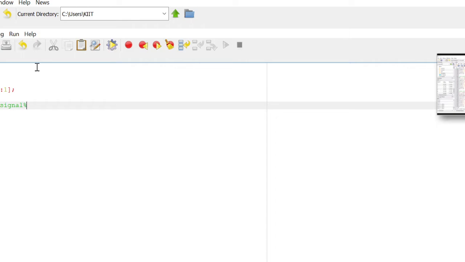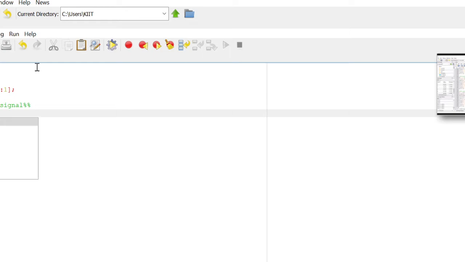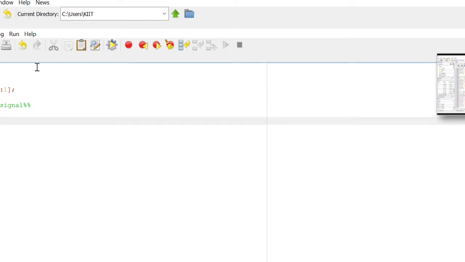Does anybody have any doubt? Ma'am, I'm not getting all the graphs after simulating it. After running the program, I want to share my screen. As soon as someone is done, please share your results with us, or if you're having any problem, let us know. He's having some problem.